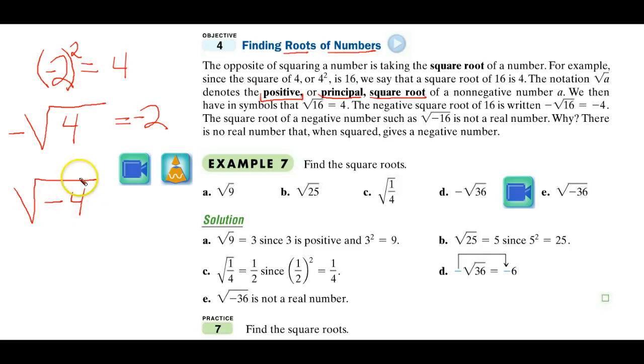So any time we're going to have under the radical sign a negative value, we describe that as not a real number.